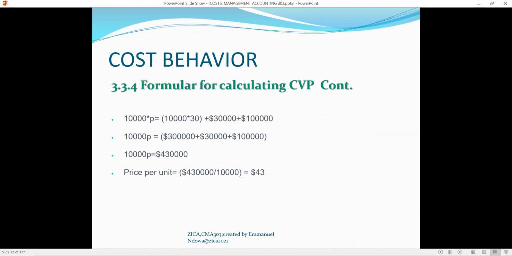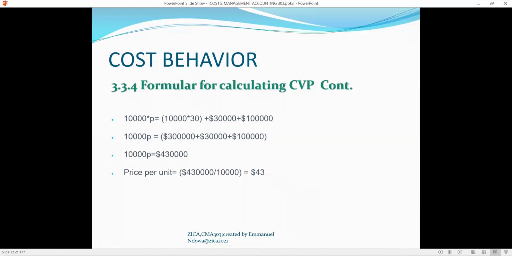We have highlighted that we've got the profit of 100,000 and the fixed cost of 30,000. In order to get our variable cost, we take the variable cost per unit, which is $30, multiplied by the number of units. That's when we can come up with the total variable cost.